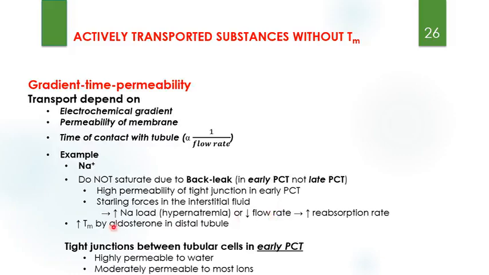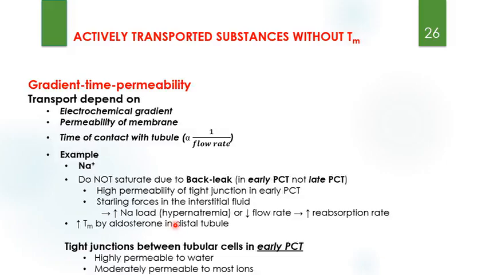And also, the Tm for sodium can be increased by aldosterone in the distal tubule, because more sodium transporters will be inserted into the membrane and will increase the capacity for transportation of sodium.